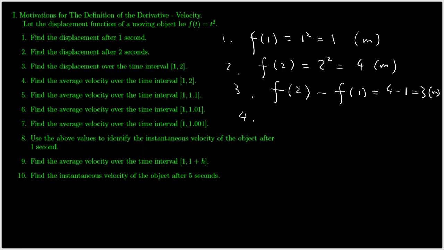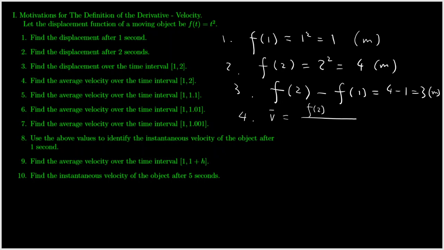Distance traveled is 3. So the average velocity in question 4, I'm going to use standard notation: V bar. V bar is the standard notation for the average velocity. If you want the formula, the distance traveled over the time interval is f of 2, the distance traveled after 2 seconds.